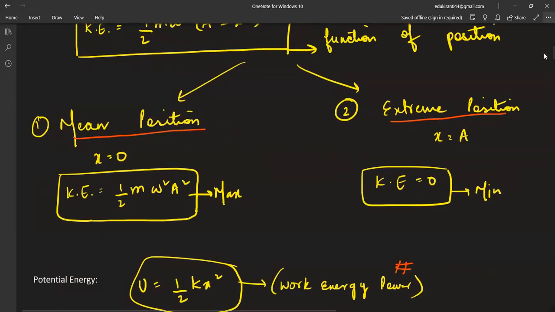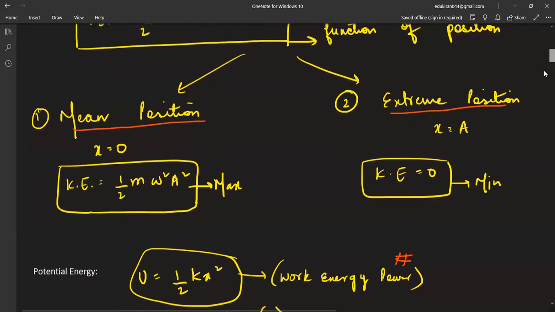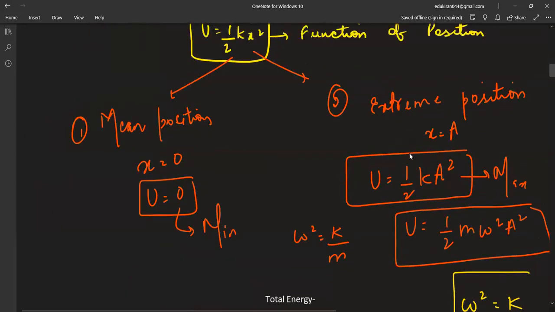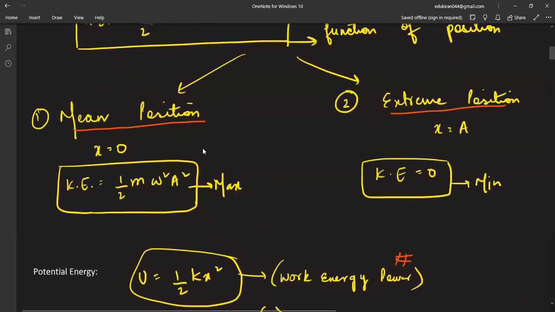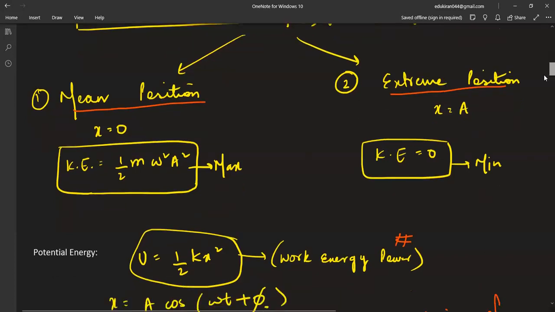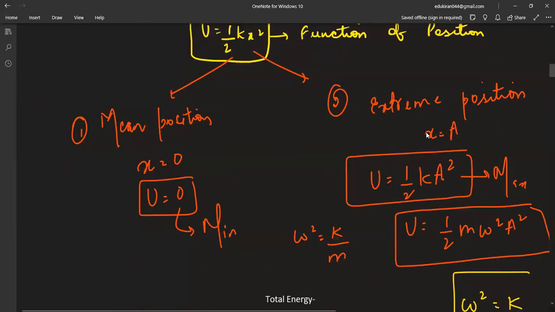This value and this value, both are the same for this question, half m omega square a square. This was for the mean position, and this was for the extreme position over here, right?